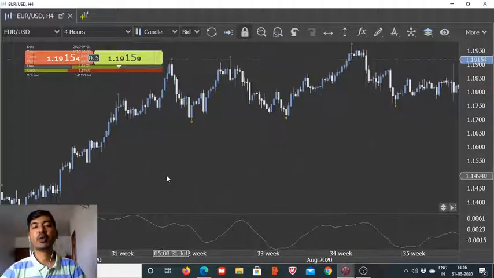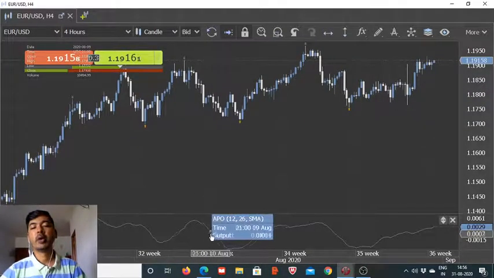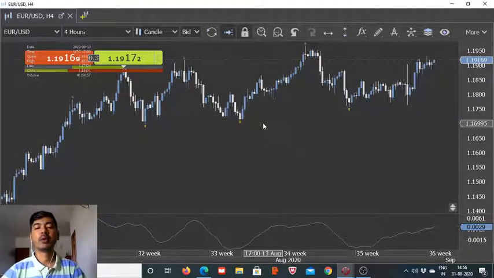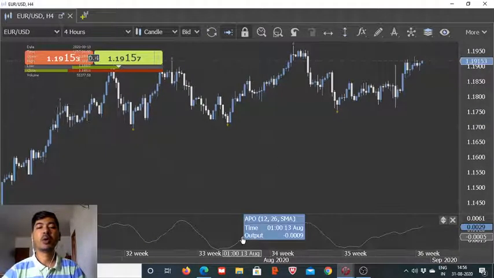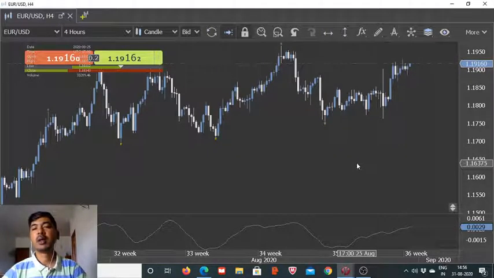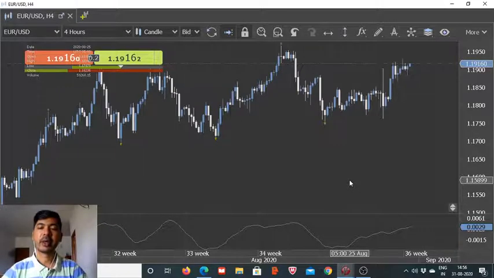So all you have to do is allow the APO values to fall, and after this due consolidation, of course you also need to figure out the trend, and for that you will need other indicators to use on the algorithmic setup in conjunction with the APO. APO is more of a momentum indicator. You get to know whether the underlying instrument is trending or whether it is in a consolidation phase.